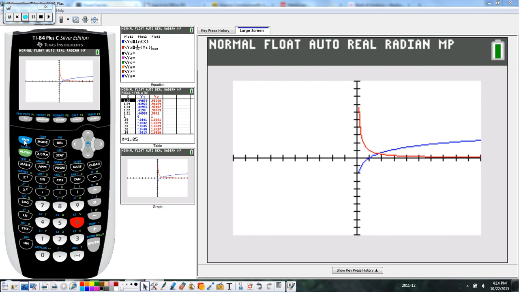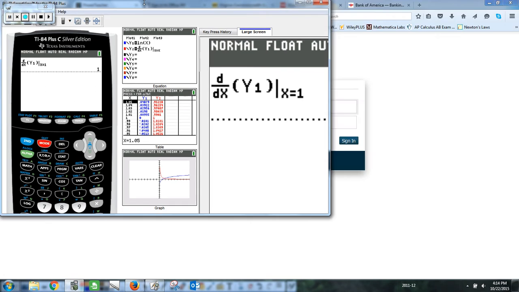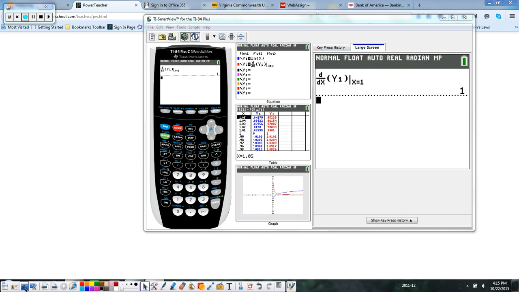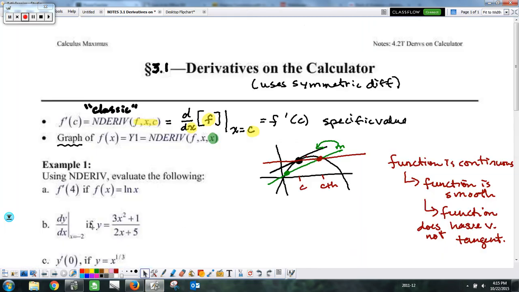Now, if I want to calculate the derivative, we were looking at it at 4, I believe, in the notes. So we're trying to find the derivative at 4.